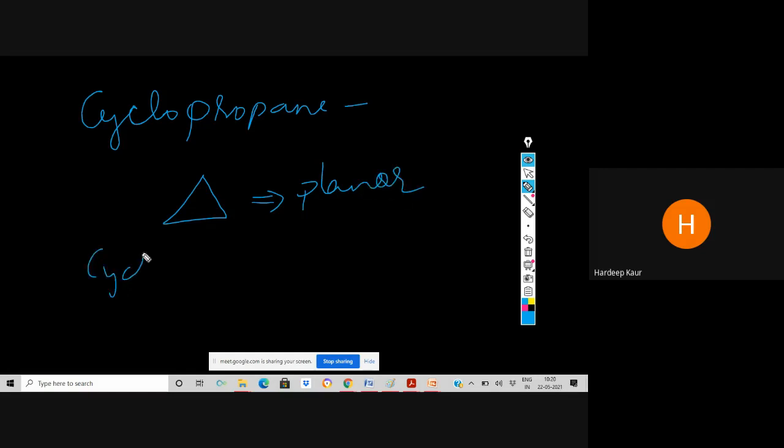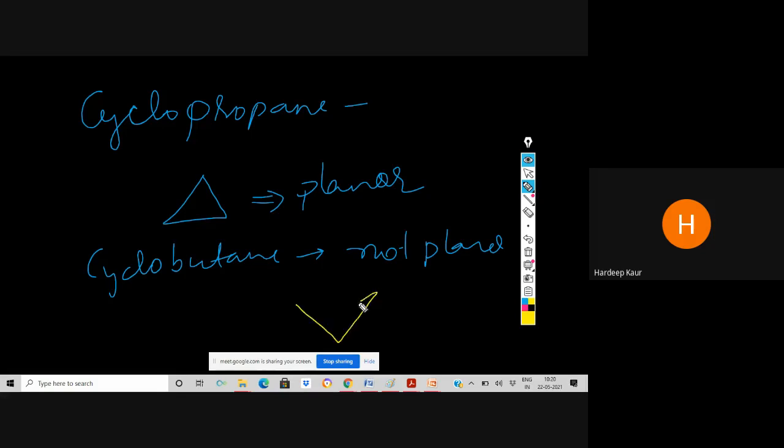Further, the cyclobutane ring exists in two conformations. Sorry, one conformation, and that is not planar in nature. In cyclobutane, the conformation is like this.